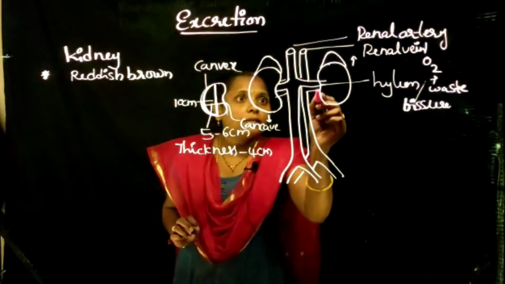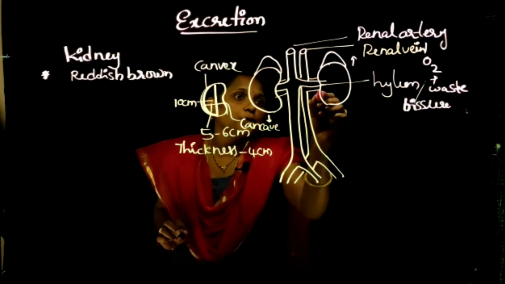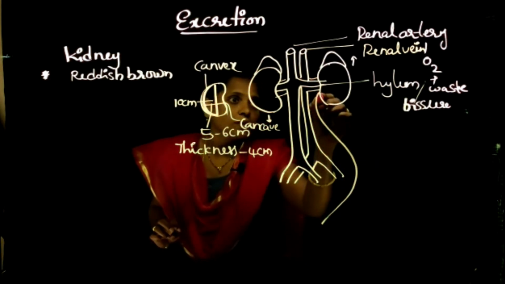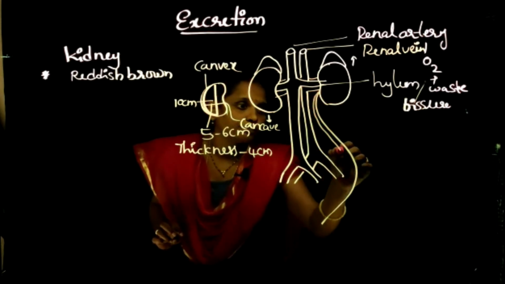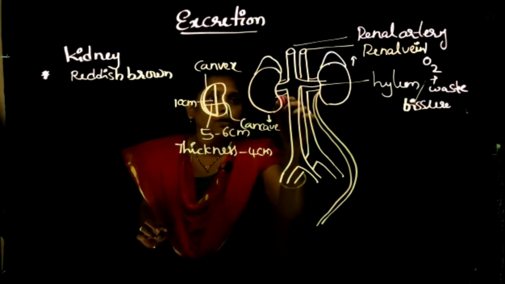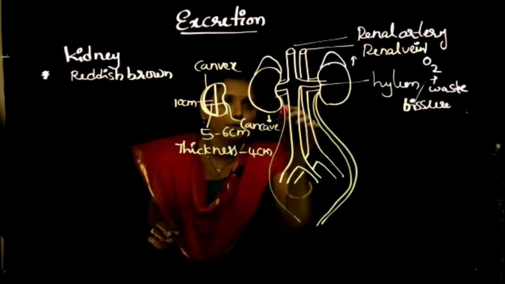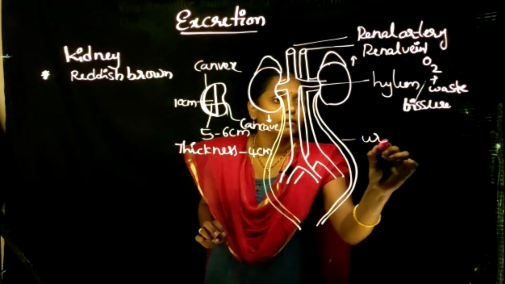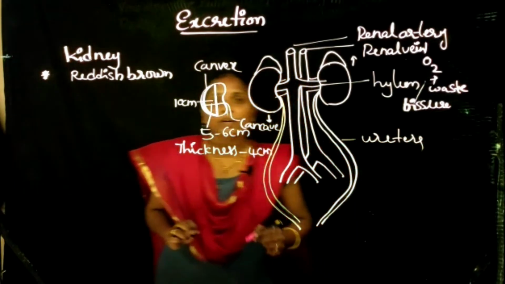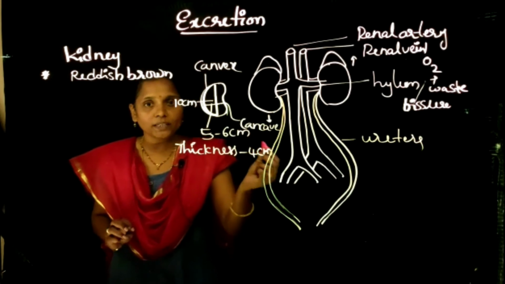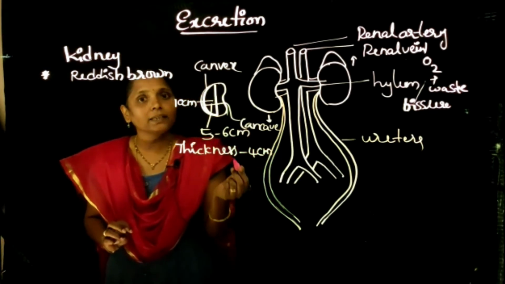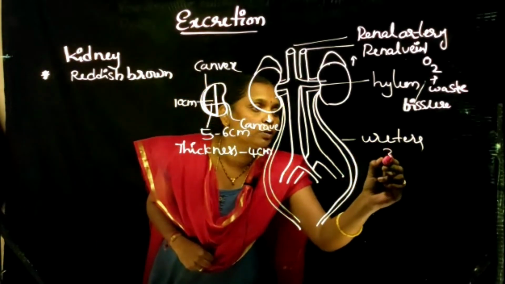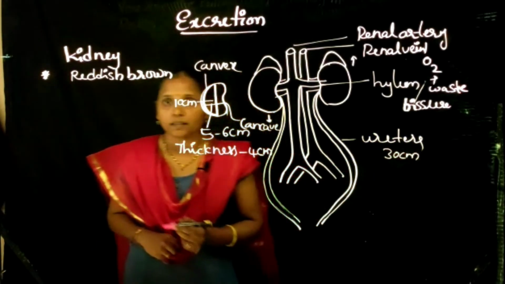Another tube like structure exits from the hilum region. This is called the ureter. Ureters are commonly white in color and contain muscle, and they are about 30 centimeters in length.